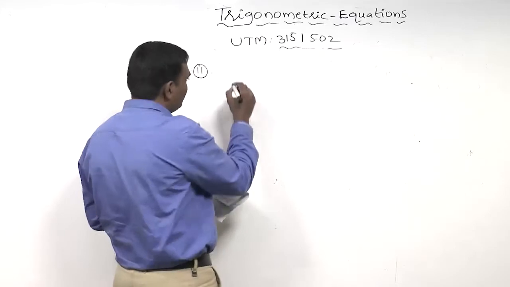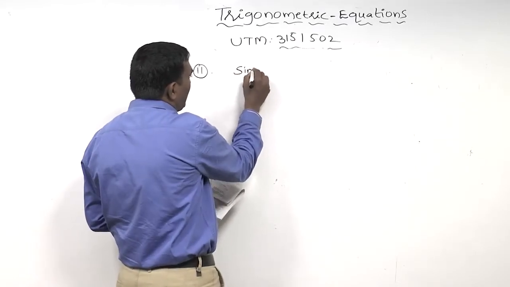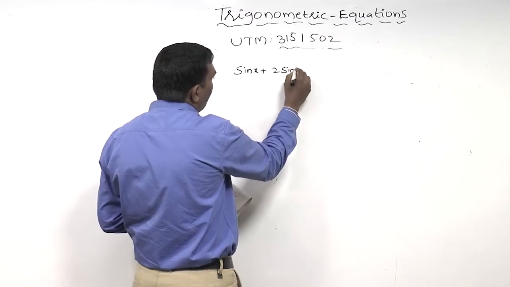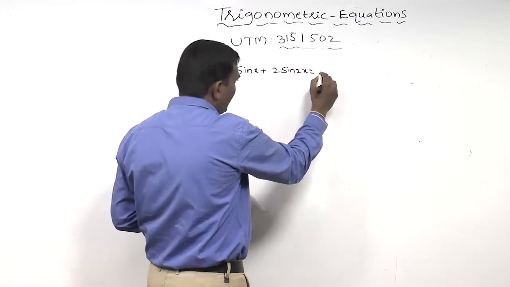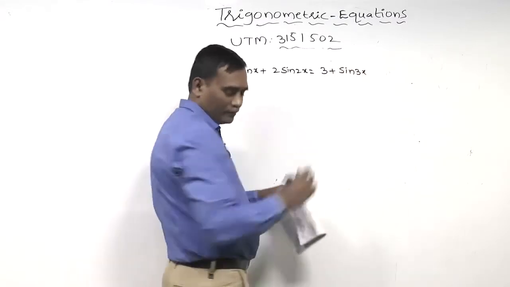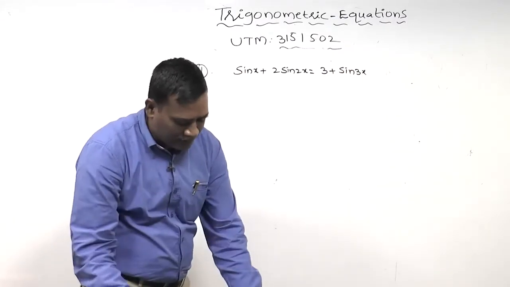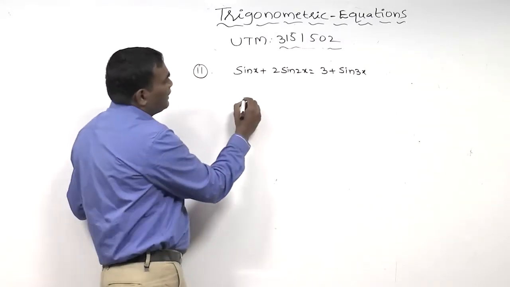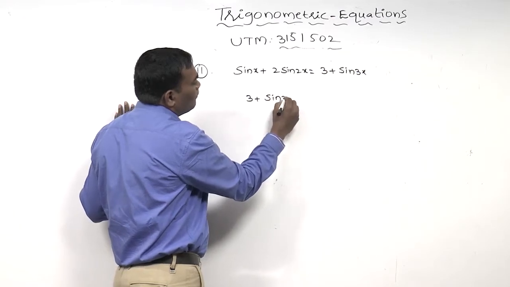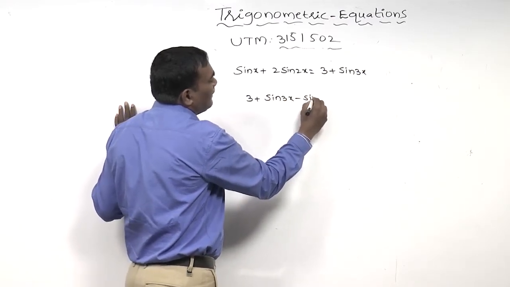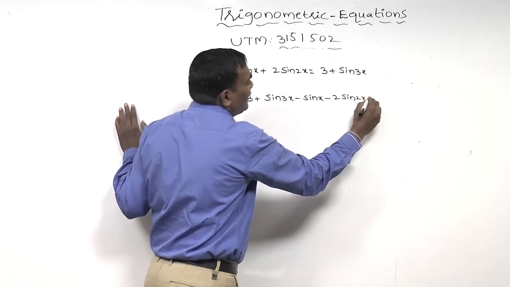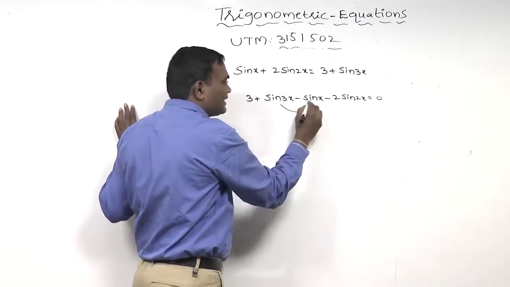Here, sin x plus 2 sin 2x is equal to 3 plus sin 3x. Simplify this equation. So 3 plus sin 3x minus sin x minus 2 sin 2x is equal to 0. Apply sin c minus sin d.